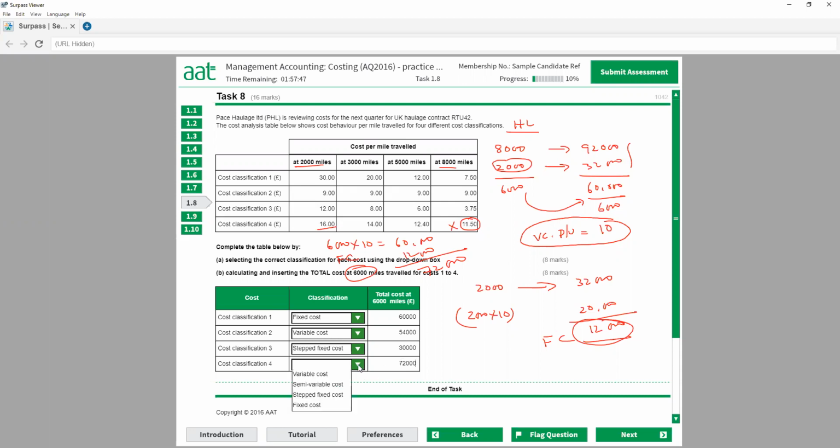And this is our semi-variable cost. Semi-variable cost is the cost where we have a portion of fixed cost and a portion of variable cost. All right, that's it. So let's move to the next one.